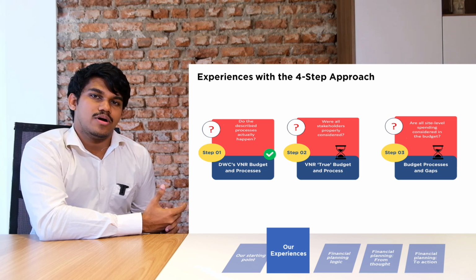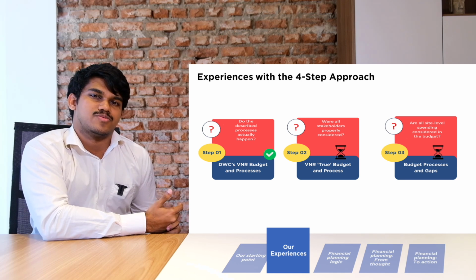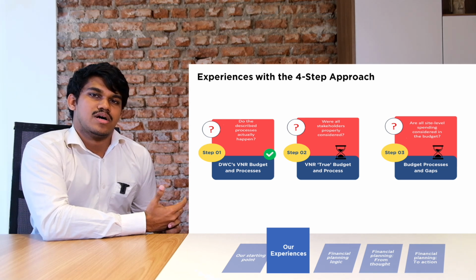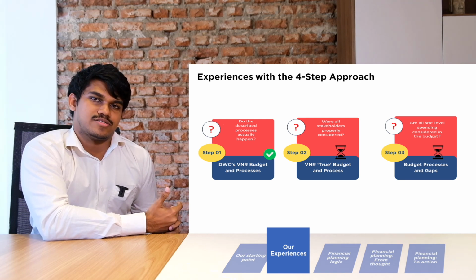Here, it's important to realize that a protected area is a vast space. Taking the example of VNR, which is a large space that interacts with many stakeholder groups and different people and communities, these interactions need to be taken into consideration and reflected in a financial plan.